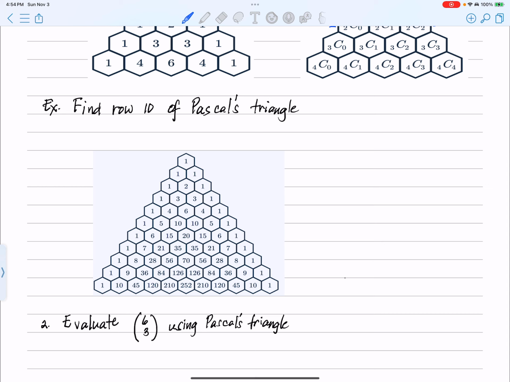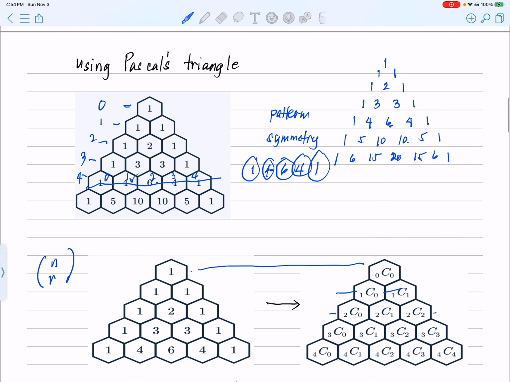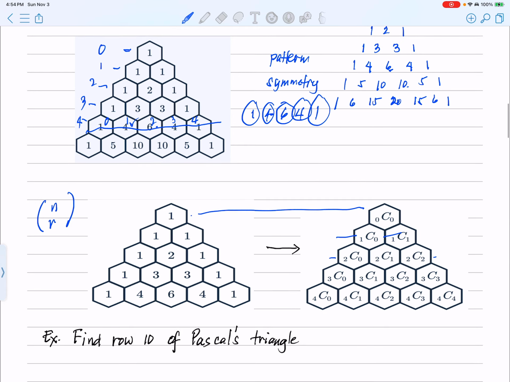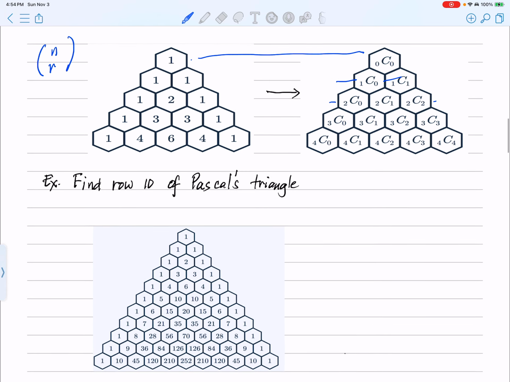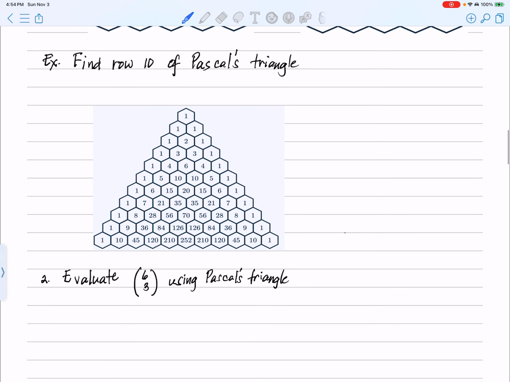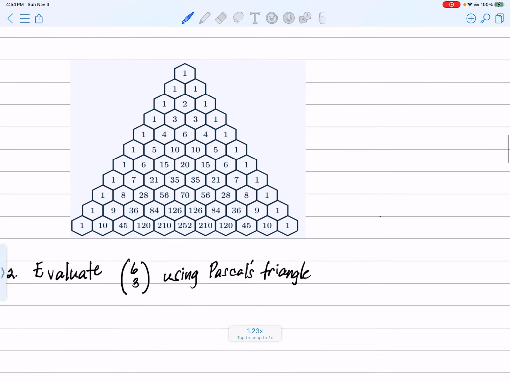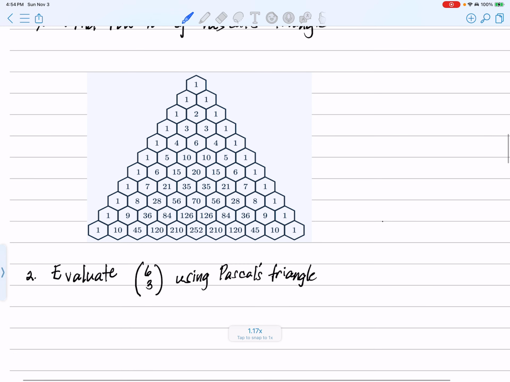Find row 10 of Pascal's triangle. So let's say I'm doing the thing that I did from here. Keep on going until you can get row 10. Okay? So supposing row 10 is here. So this is row 10 right here.